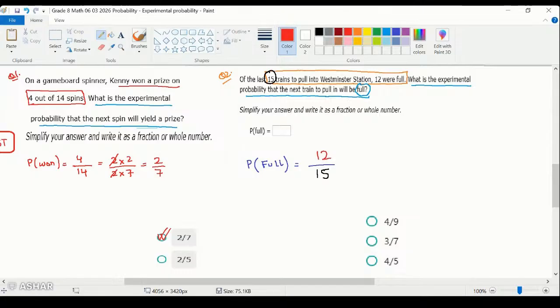Can we simplify? Can we write 3 times 4 over 3 times 5? If 3 is common, we remove it and we get 4 upon 5. So can we find 4 upon 5? Yes, we can. So we say that this is 4 upon 5.